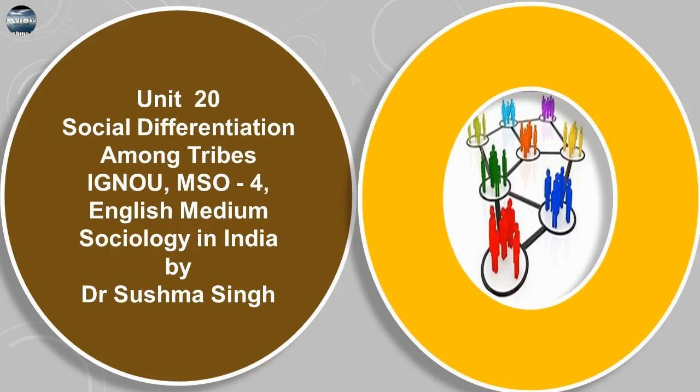Kinship systems help people to distinguish between different categories of kin, their rights and obligations, and for organizing themselves as social groups or kin groups.